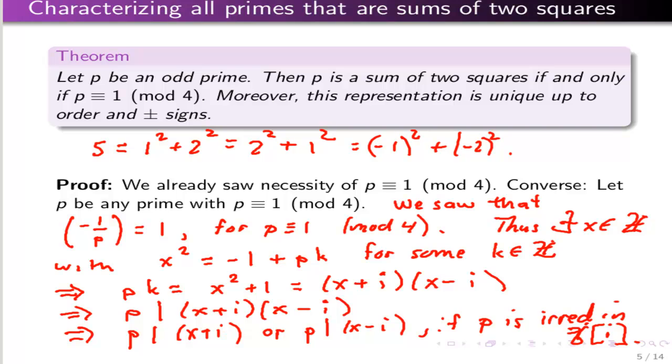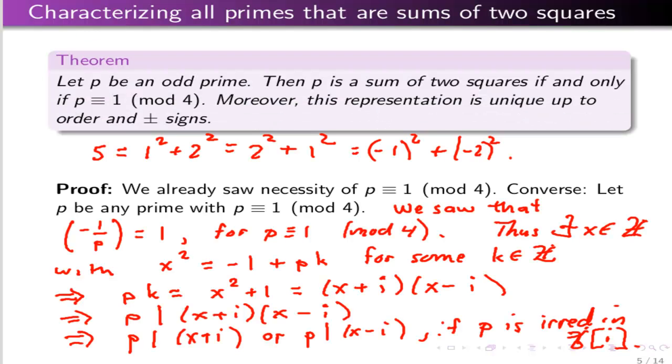Can we have p dividing x plus i? Well, what does that mean? This would mean p times some Gaussian integer, and I haven't used an a and a b yet, so let's go ahead and do that. p times (a plus bi) equals x plus i for some Gaussian integer a plus bi.